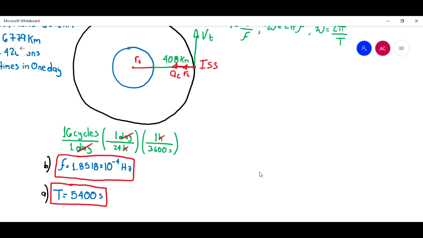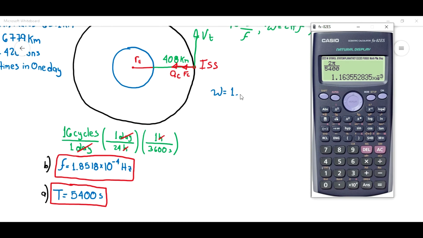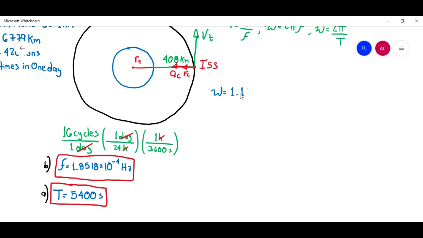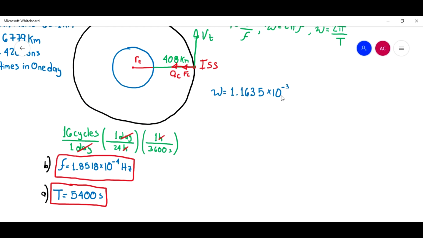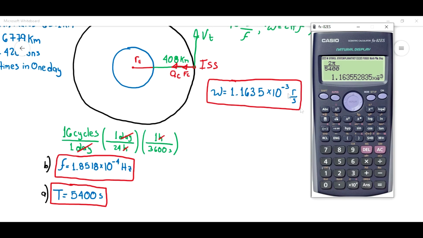How many radians per second? Angular velocity equals 1.1635 times 10 raised to -3 radians per second. I'm going to circle this, and I'm going to save it in my calculator.